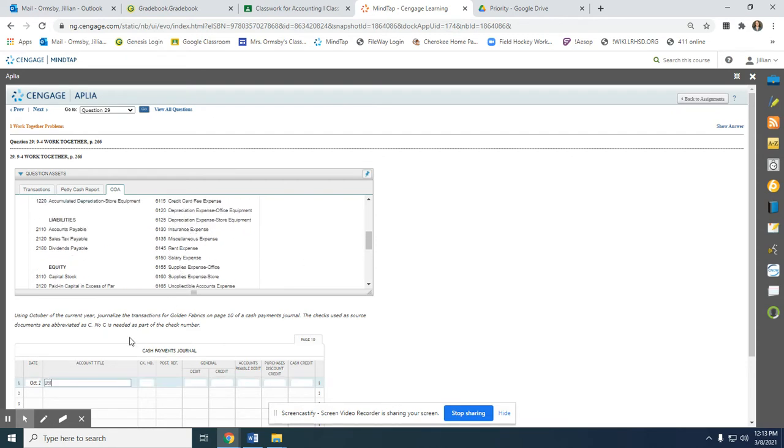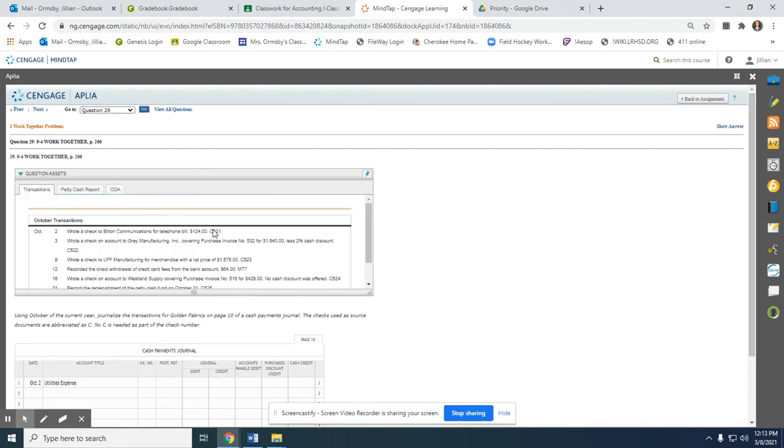So we will do utilities expense. Then we do a general debit for 124, cash credit for 124, and the source document here is check 521. So we just put 521. Utilities expense is debited, cash is credited.